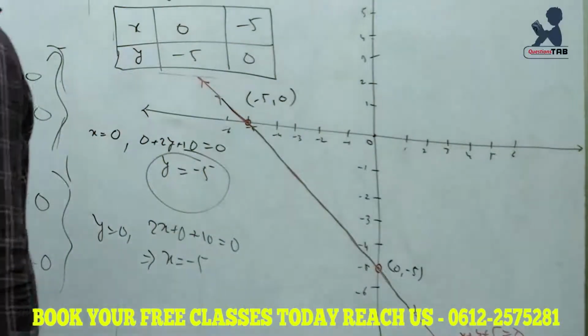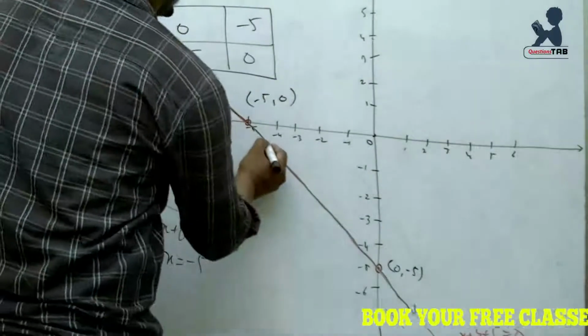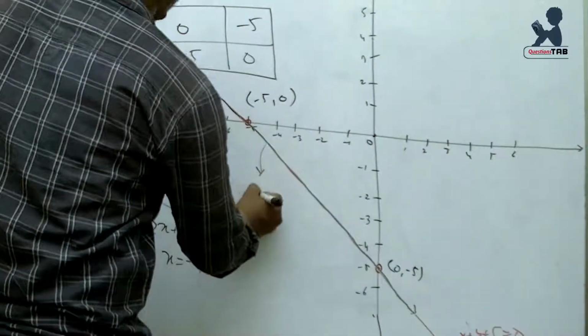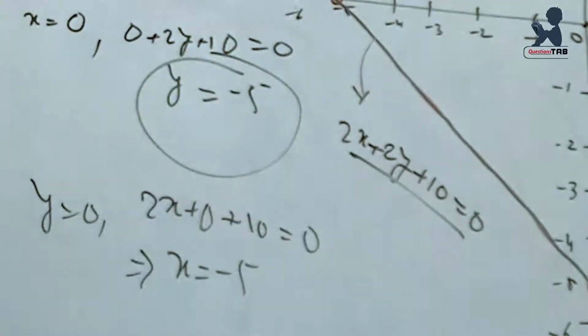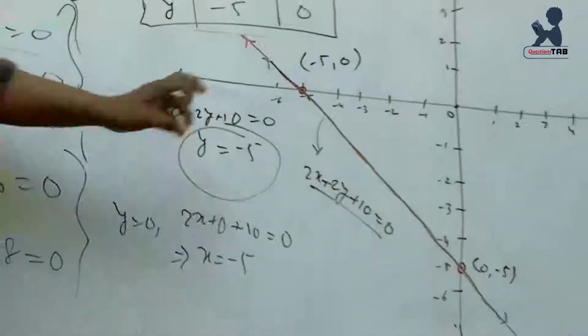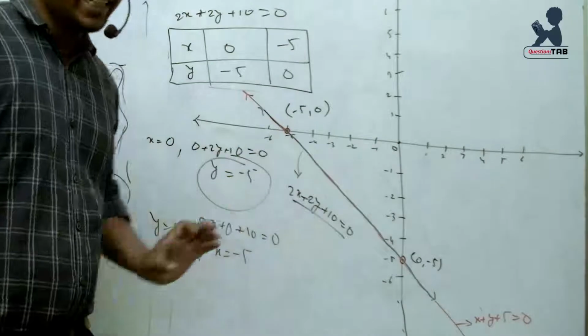That means this is nothing but the 2x plus 2y plus 10 equals 0 line. So see, the two lines are exactly concurrent on each other.